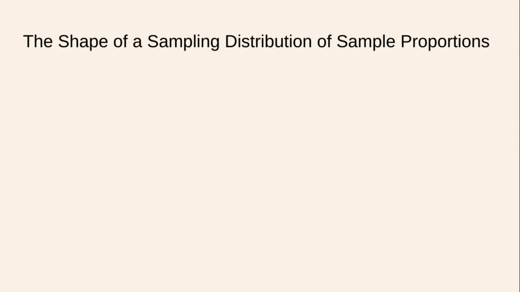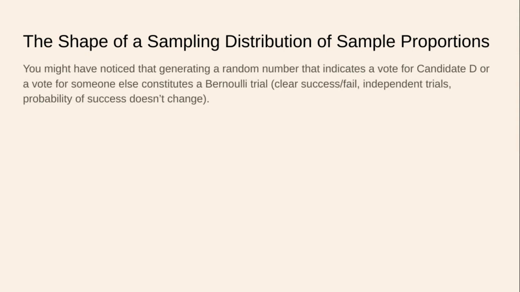Now, if you had your thinking cap on nice and tight, you may have noticed something about the scenario I've laid out. Generating a random number that indicates a vote for candidate D or a vote for someone else constitutes a Bernoulli trial from Chapter 16. There is a clear success-fail. You either do or don't vote for the candidate. The trials we assume are independent, which in an election, that's not a really reasonable assumption to make unless you're really good at randomization. And the probability of success does not change.